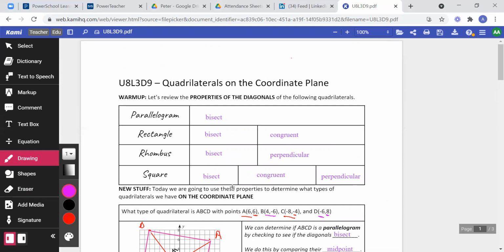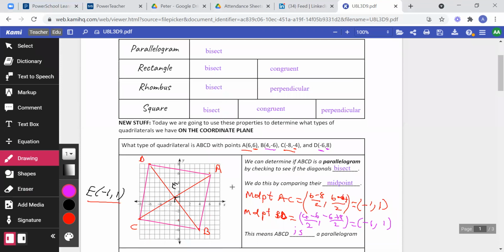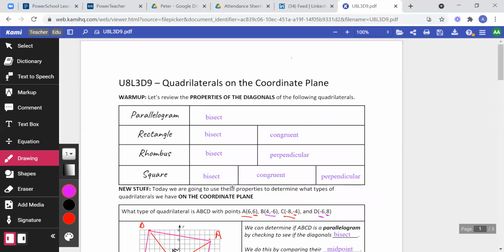But since we're able to say they bisect each other under parallelogram, we don't need to verify that again. The next thing to verify is just to see if the diagonals are congruent, okay?